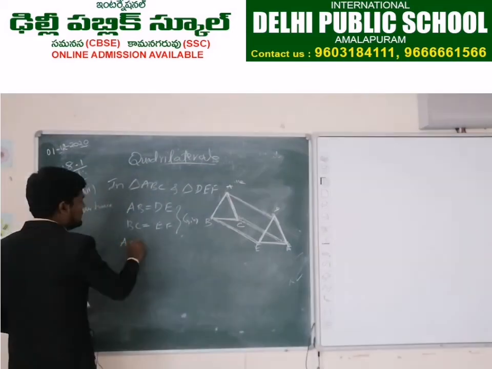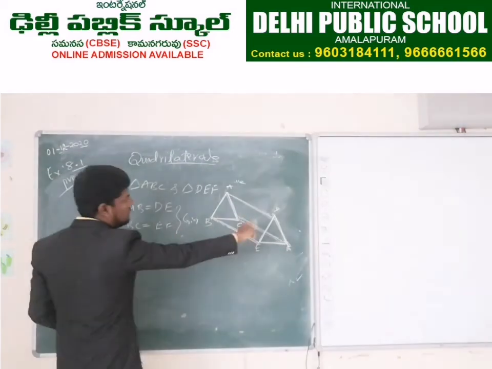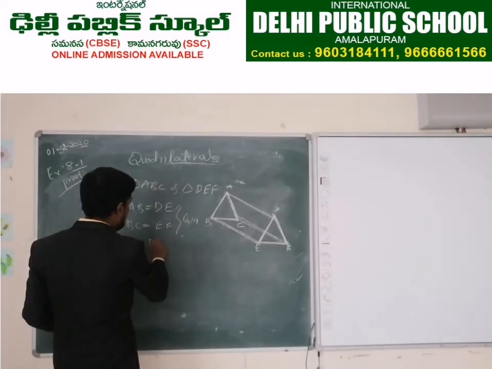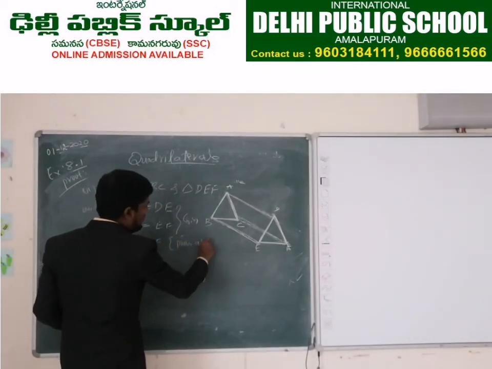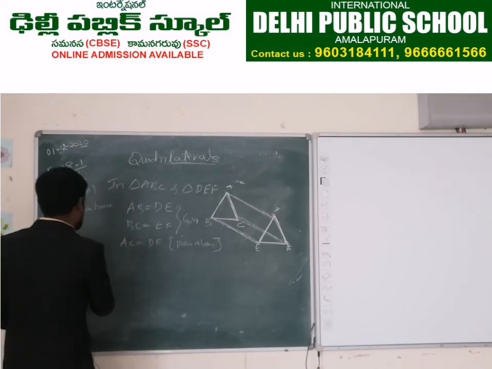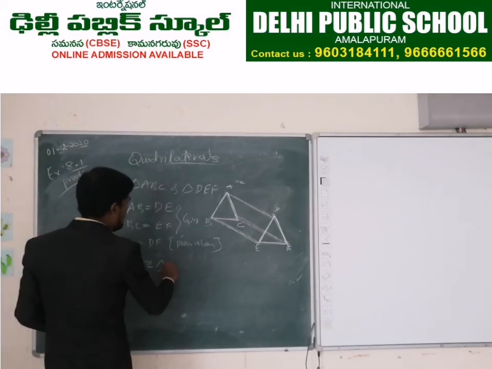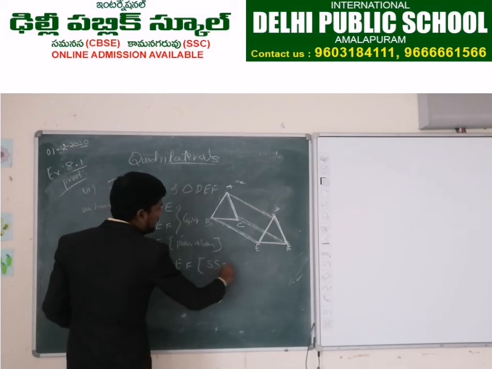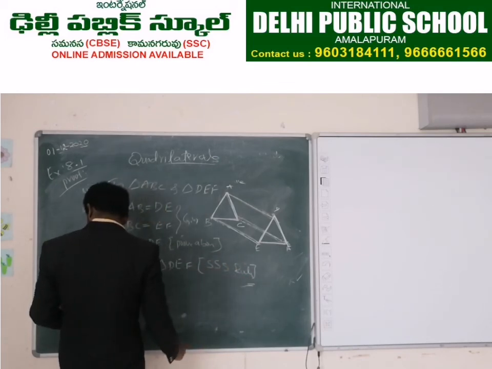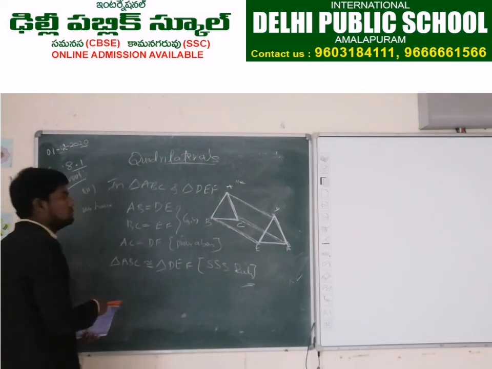Then AC is equal to, what is that? DF, right? We have proved above. Therefore, triangle ABC is congruent to triangle DEF. What is the rule? SSS rule. Right?